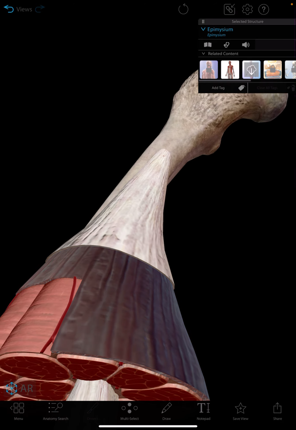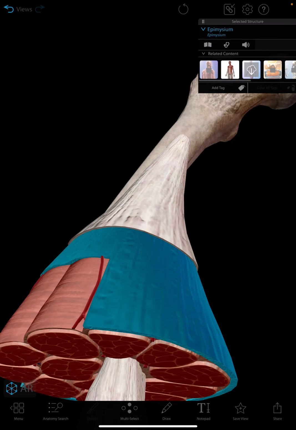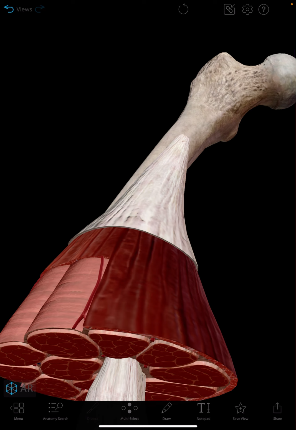Now, whenever we look at a muscle, we know that a muscle itself is an organ. It's made of different types of tissues. You have the muscle tissue itself, but you also have nerves and blood vessels, all these other tissues that help make a muscle an organ. The outer covering of a muscle is called the epimysium.